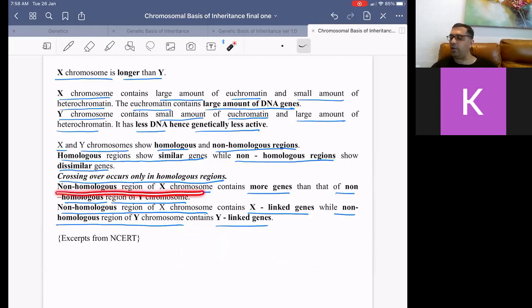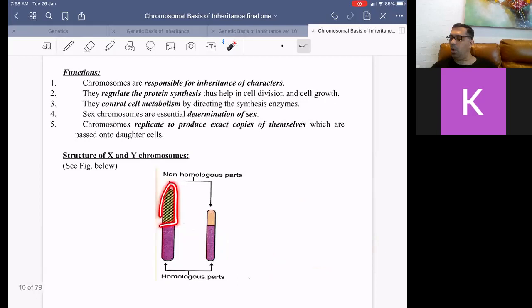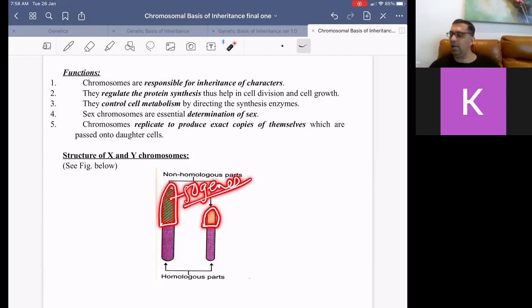Non-homologous region of the X chromosome has more genes than the non-homologous region of the Y chromosome. Non-homologous region of the X chromosome has about 50 genes more than the non-homologous region of the Y chromosome. 50 genes ज़्यादा होते हैं.